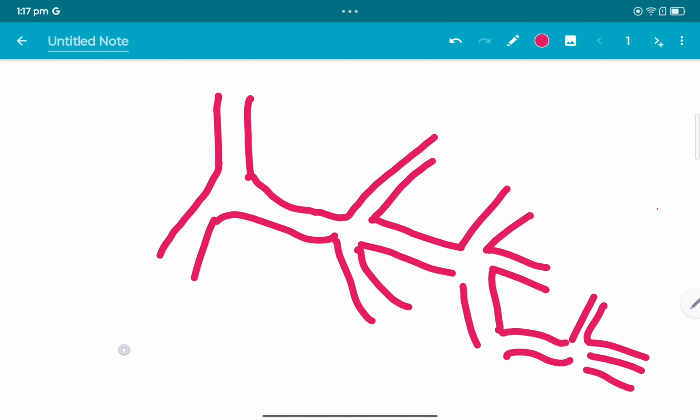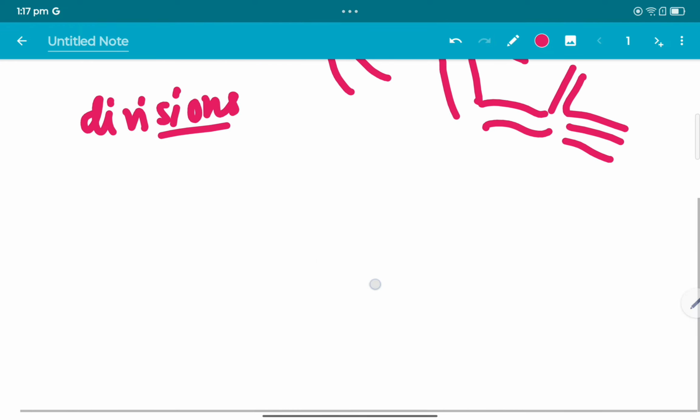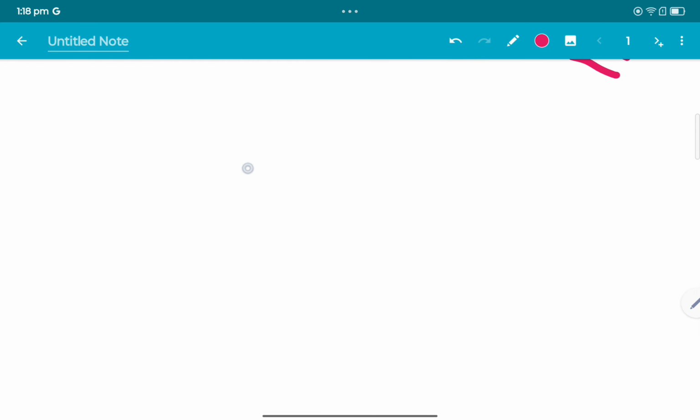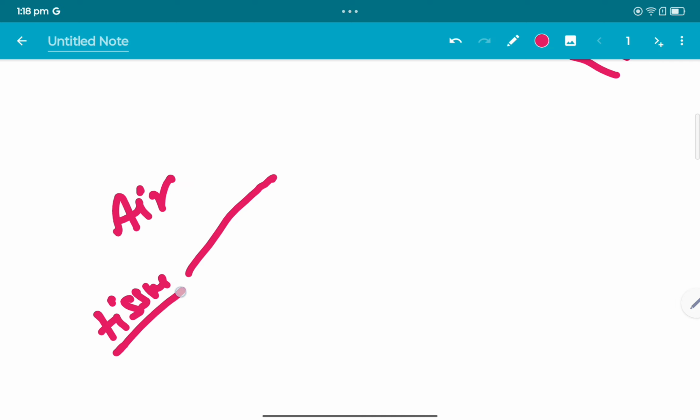Okay. So why does this division occur? This division has a sole purpose so that there is minimal contact. Suppose there is air, this is tissue, and this is a blood vessel.